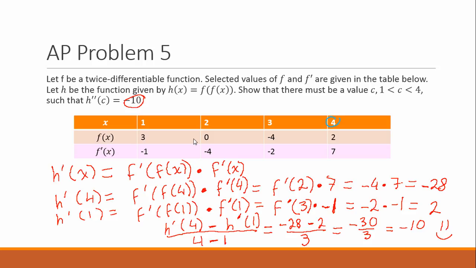So let's see what that is. We have f prime of 1 equal to -1. Okay, so now we have f prime of 3 times -1. So now we just need to find out what f prime of 3 is. Once again, here's x equals 3, and f prime of 3 is -2. So we finally get -2 times -1, two negatives make a positive, so this is equal to 2.